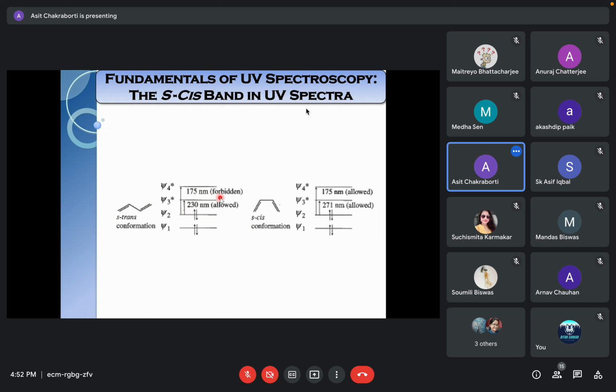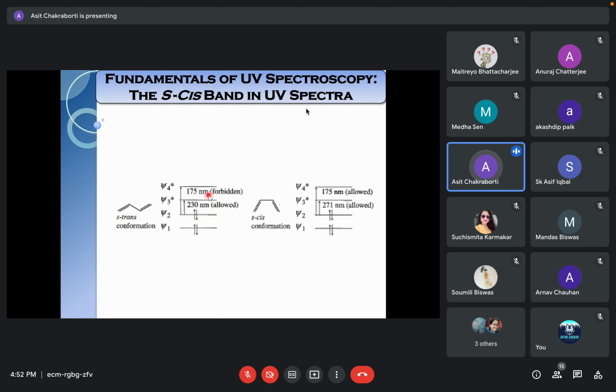Why forbidden? If you go in depth into the fundamentals of spectroscopy taught in physical chemistry, orbital symmetry decides, quantum mechanically, which transition is visible. Like the n to pi star transition is a symmetry forbidden transition, because the symmetry properties of the n and pi star orbitals do not match. You will learn this in photochemistry also, but that is beyond my discussion.